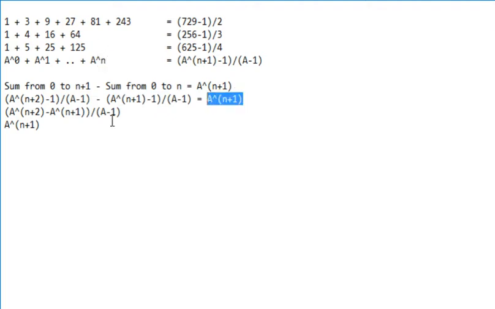And it is. I've just proven that the difference between these two things is actually a to the n plus 1. So a to the n plus 1 minus 1, divided by a minus 1, is equal to this sum, because every time you increase the n, it stays true, and whatever the a is, it stays true.